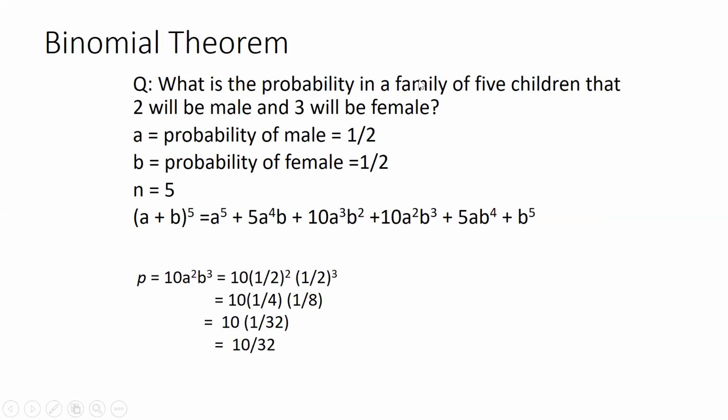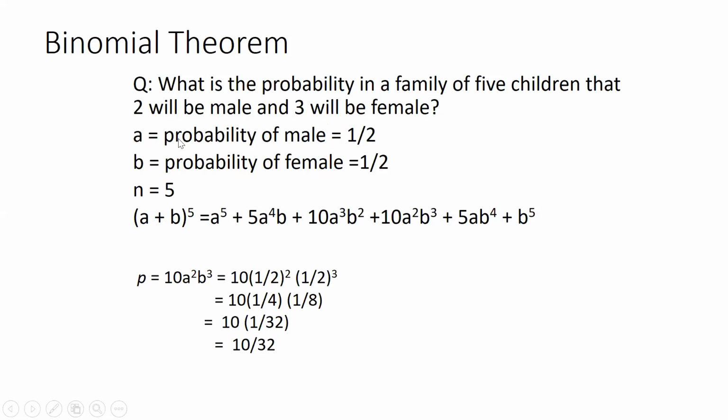What is the probability in a family of 5 children that 2 will be male and 3 will be female? If you try to write this out with the different number of orders, you'll go nuts. So instead of trying to pull all your hair out, we have 2 different outcomes, right? The probability of having a male is a half. That is your A. You can put it either way.